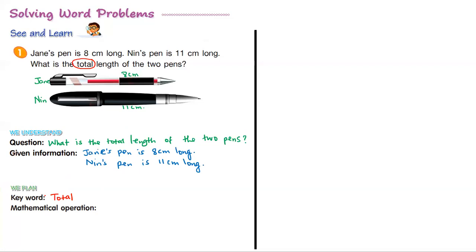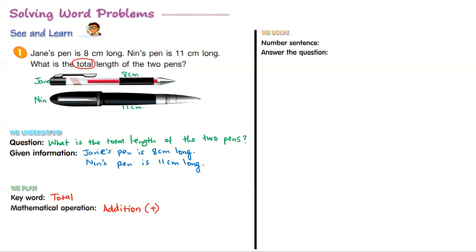Now, if the key word is total, what is the mathematical operation? How do we get the total? We get the total when we add. So the mathematical operation will be addition. And this is the addition sign.